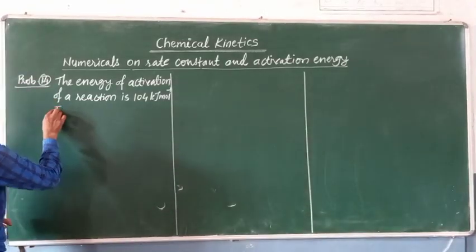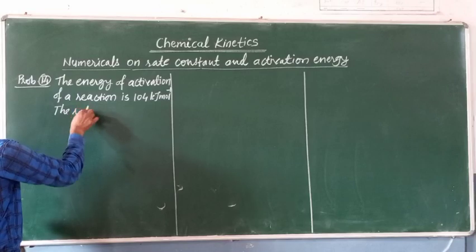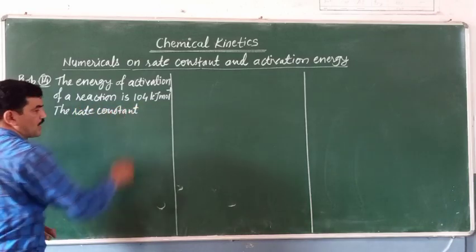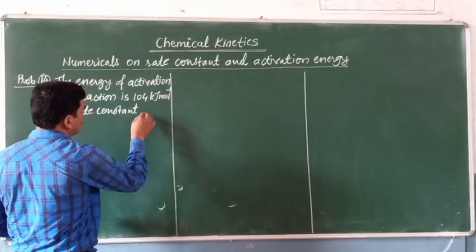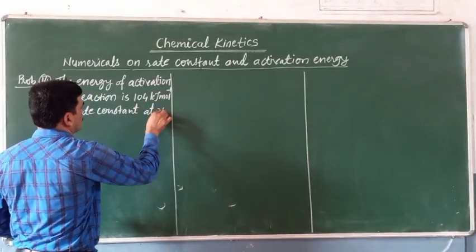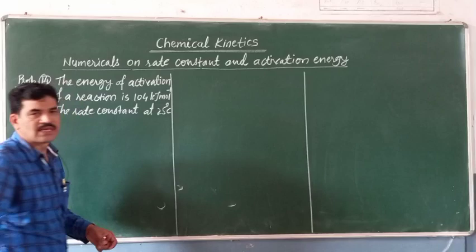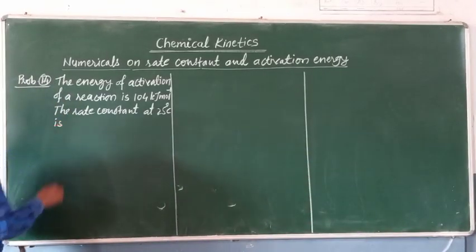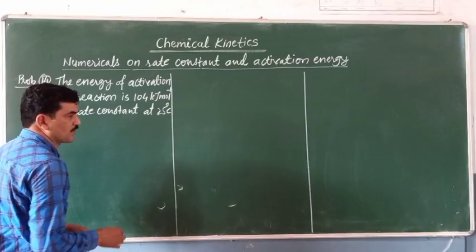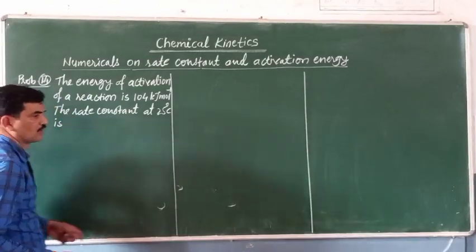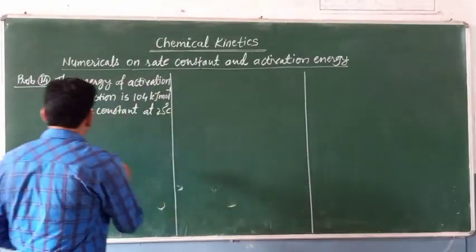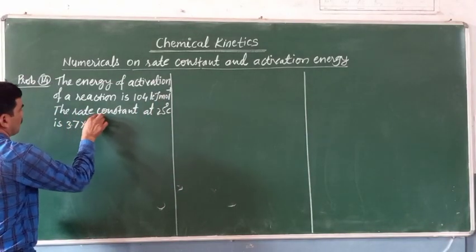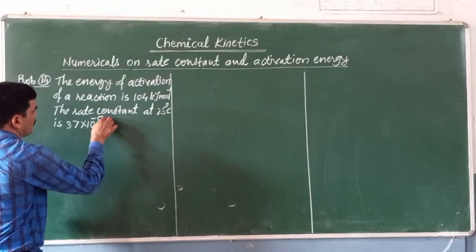The rate constant of the reaction at 25 degrees Celsius is 3.7 into 10 raised to power -5 per second.